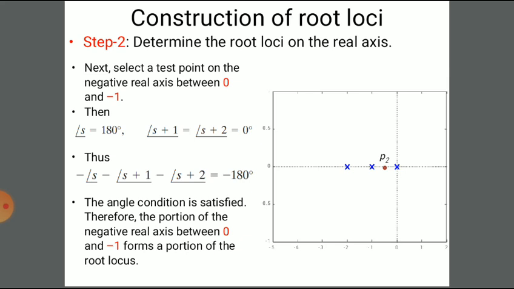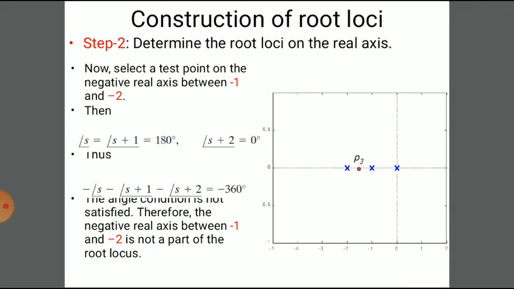Now select a test point on the negative real axis between 0 and minus 1. So P2 is a point on the negative real axis. The angle condition is satisfied, so the portion of the negative real axis between 0 and minus 1 forms a portion of the root locus.